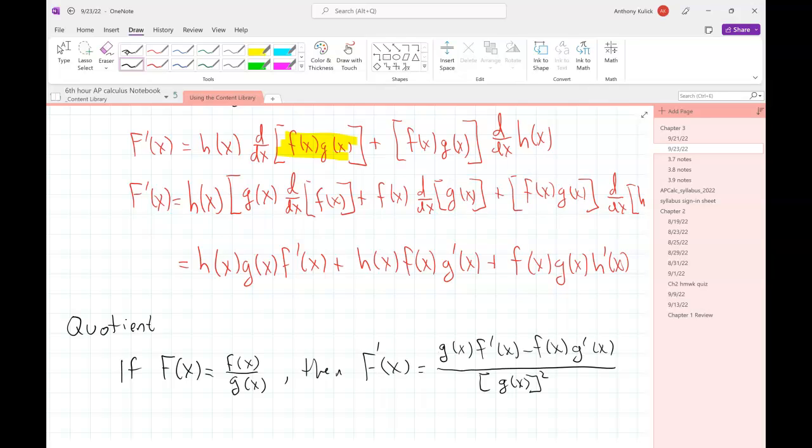Sometimes it's just worth quoting the property when the proof is going to be a little bit tedious to get to. And not that the proof here is ridiculous, but it's more or less the same idea that we did before in the product property. I think given a little bit of guidance, it wouldn't be tough for you to get to the same spot. But let's just not.